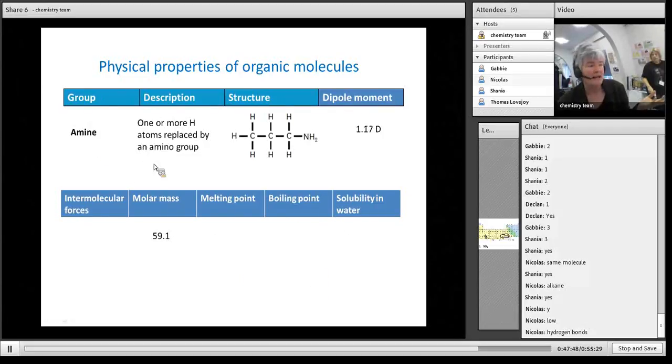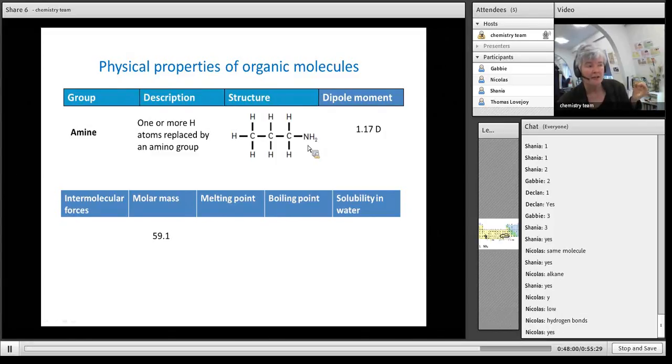Okay, amines. Amines, can they form hydrogen bonds? So remember the conditions for hydrogen bonding? Okay, correct, yes. The conditions for hydrogen bonding is it must have a hydrogen covalently bonded onto a very electronegative element, and we just give you the 3: fluorine, oxygen, and nitrogen, not to any other one.